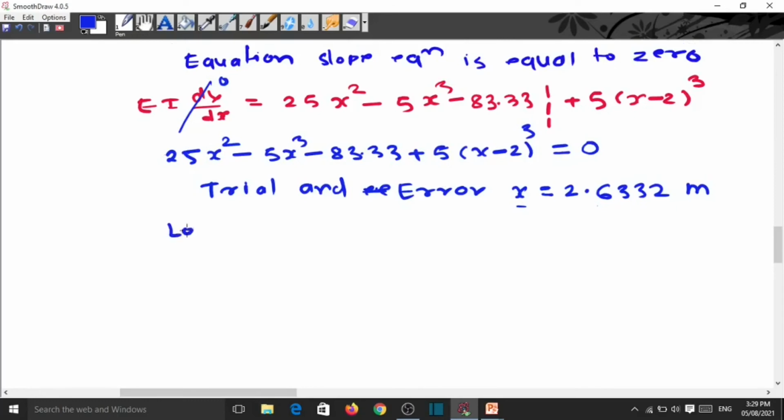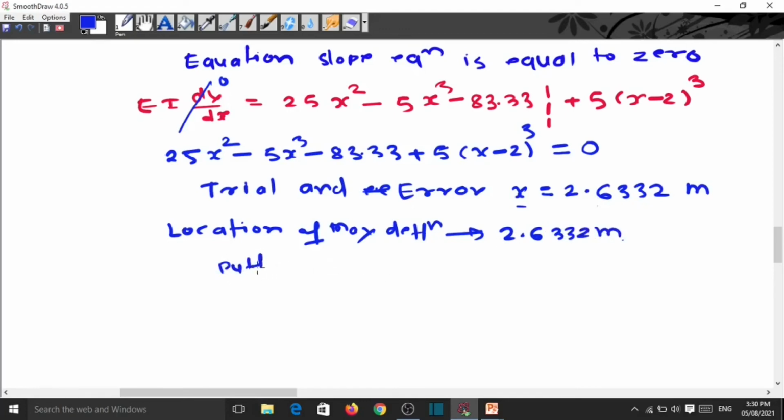So the location of maximum deflection is 2.6332 meter. So putting this value in the deflection equation, we get the maximum deflection. First we write the deflection equation here.